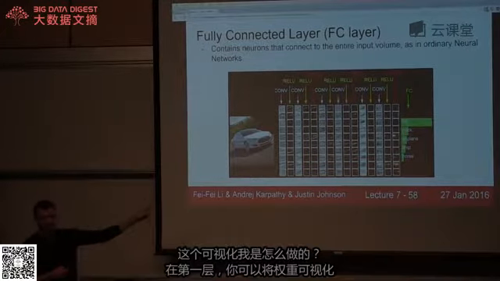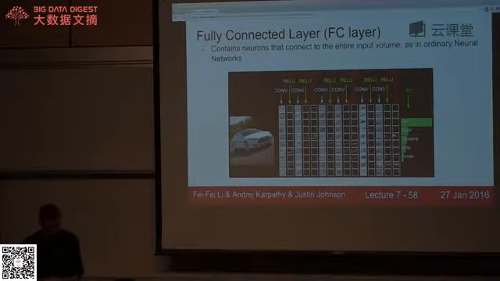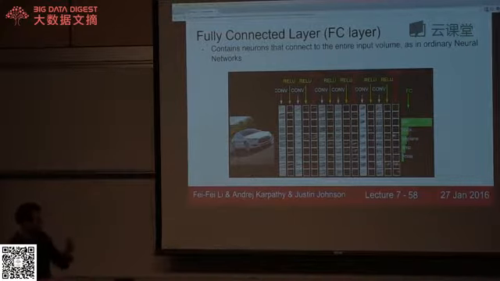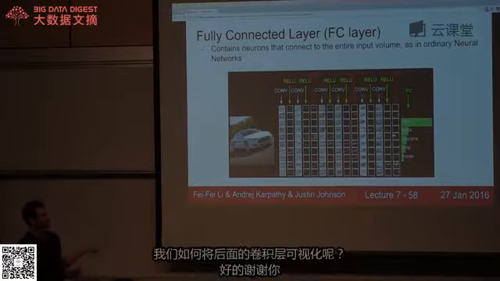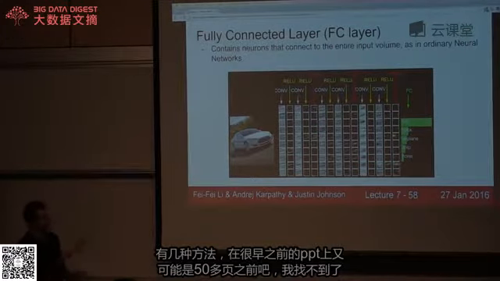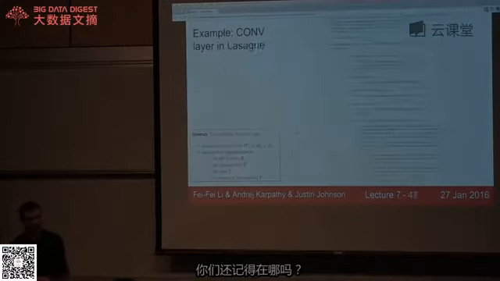Oh, how am I doing this particular visualization? Yes, how do you print the weights of the intermediate convolutional layers? Oh, I see. Okay. So on the first layer, you can visualize the weights because they tie directly into the image. How do we visualize the later conv layers and their filters? There's a few ways we'll look into. I flashed a slide very early on. It's like 50 slides back that I can't find. Do you remember it? No?